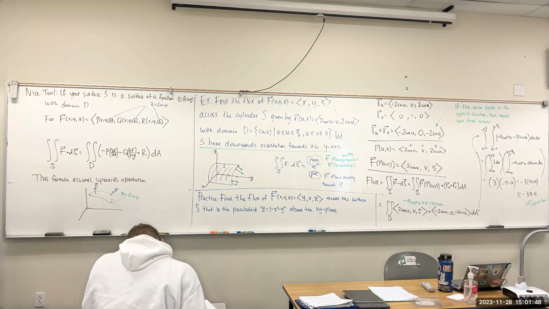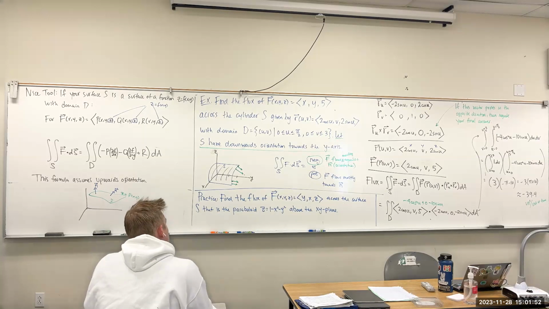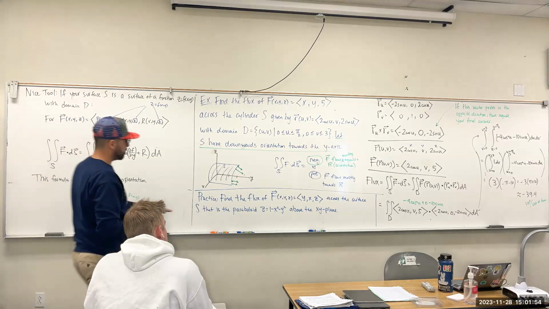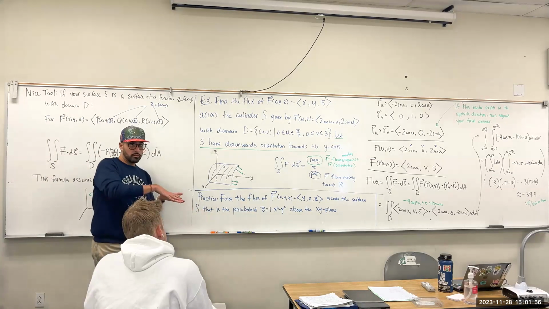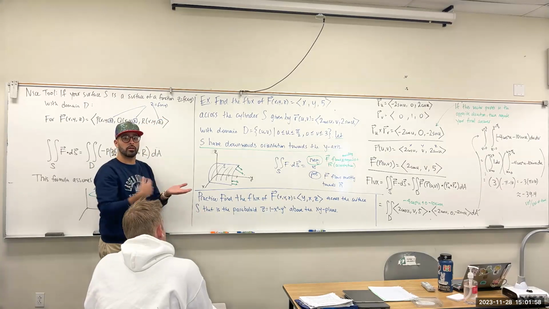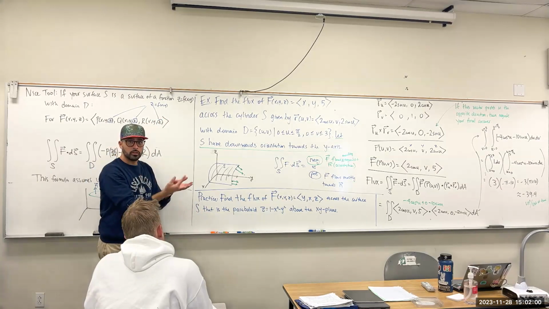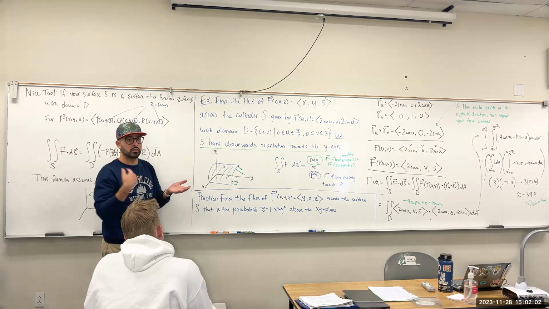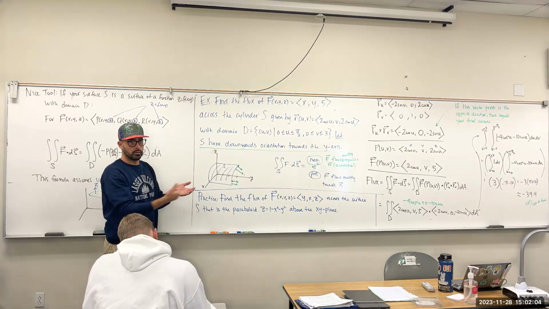Above the xy plane, so it's like chapter 15. So we did chapter 15. Above the xy plane, guys, so it's a paraboloid above the xy plane. So you need to figure out, like you guys did in chapter 15, what are the bounds, what is D? What's the domain?